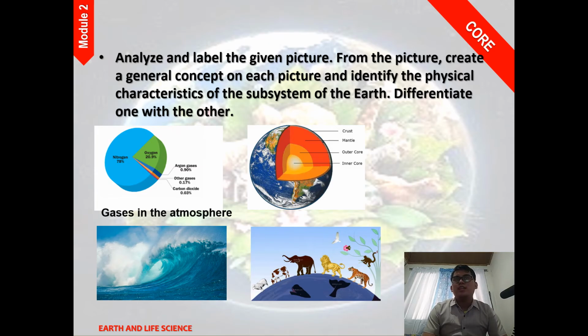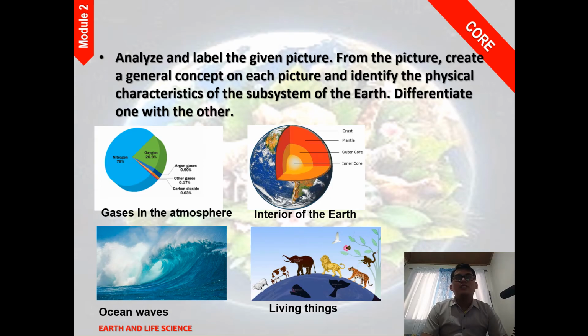On the second picture, you can see a diagram of a crust, mantle, outer core, and inner core. From Grade 10, you know that this picture is about the interior of the Earth. On the third picture, you can see water waves or ocean waves. And on the last picture, you can see animals and plants, which means they are all living things.